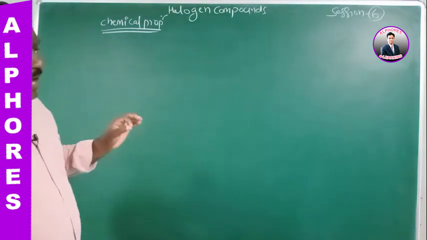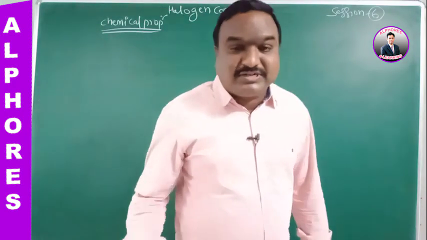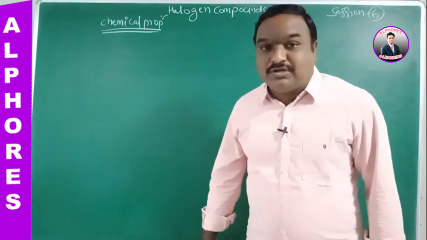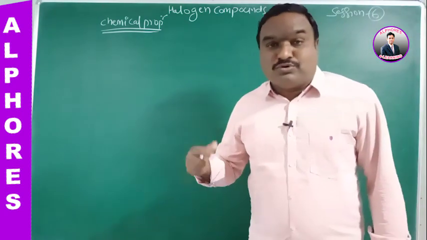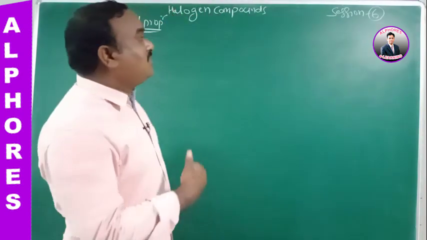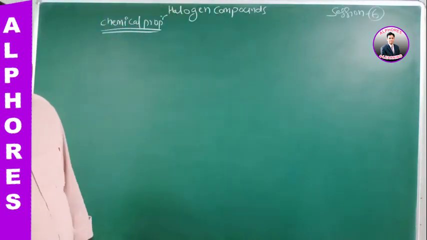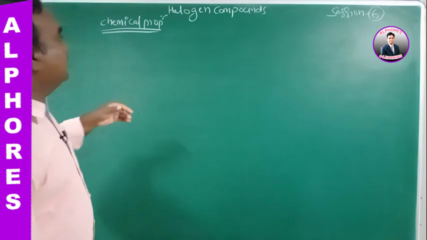The majority of halogen compounds are synthetic halogen compounds, which means most of them are used in the preparation of other organic compounds. That means they are chemically very important compounds.